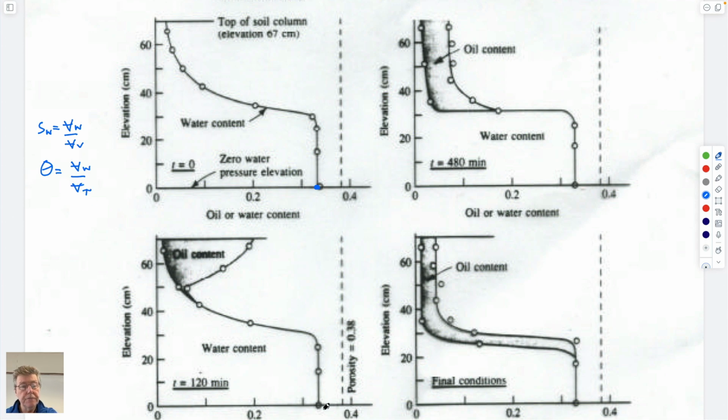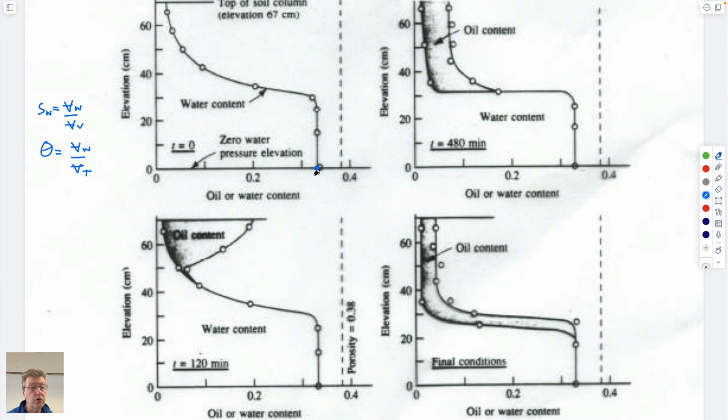And so here, if the water content is, what's this, 0.3, 0.4, this is 0.33. If this is fully saturated, then in this particular case, the porosity, which is all full of water, would be equal to 0.33.